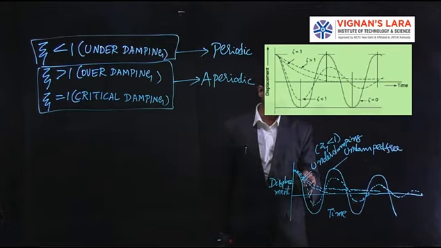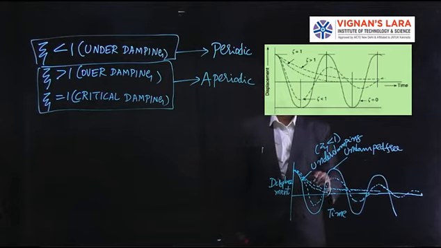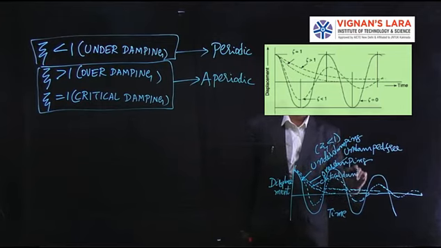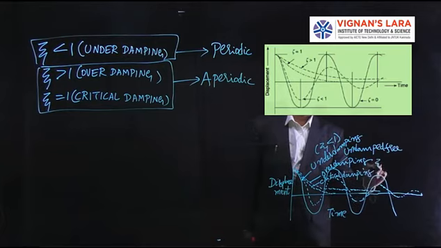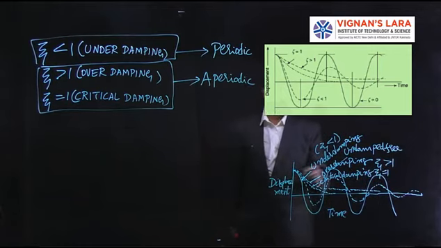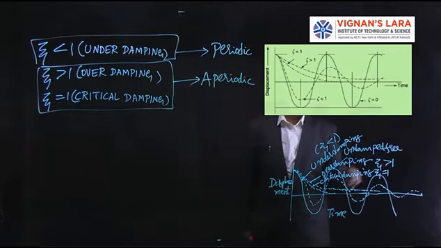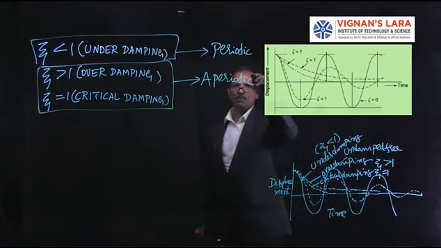So this is under damping, this is over damping, and this is critical damping, where zeta is greater than 1 and zeta is equal to 1. In over damping and critical damping, they come to rest without vibrating in a cyclic nature. That is why they are called aperiodic.